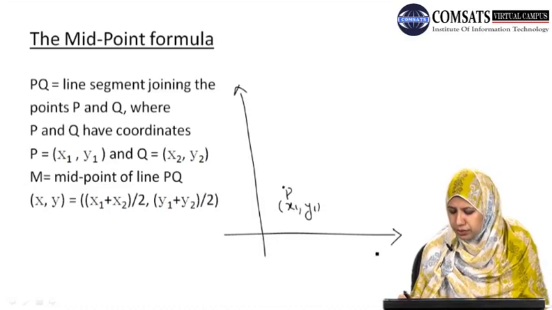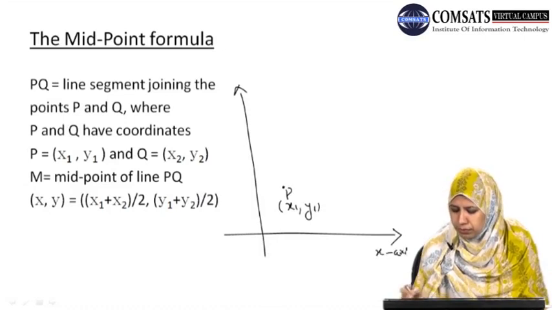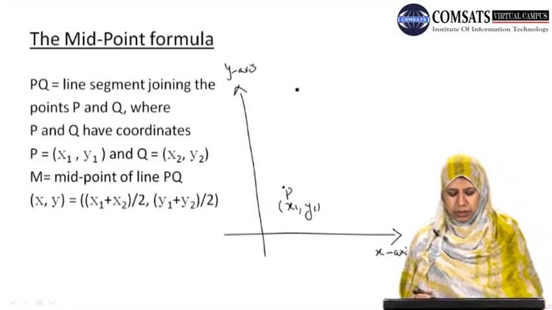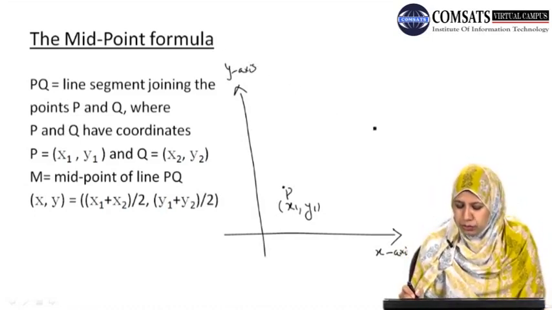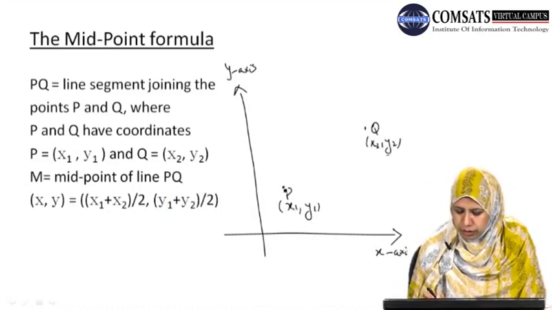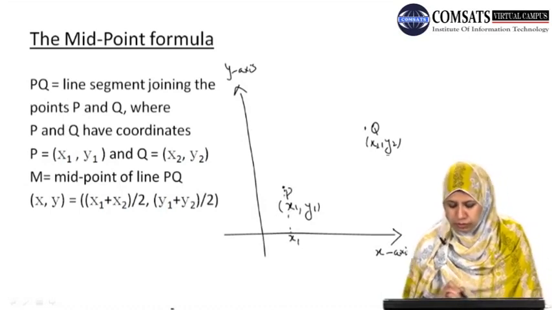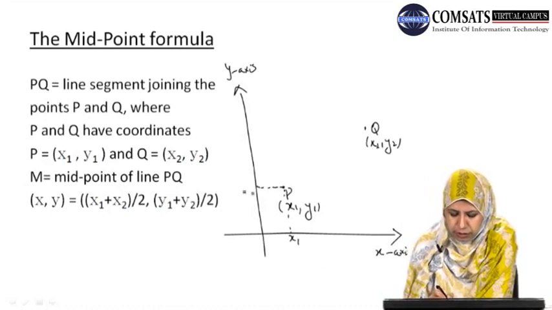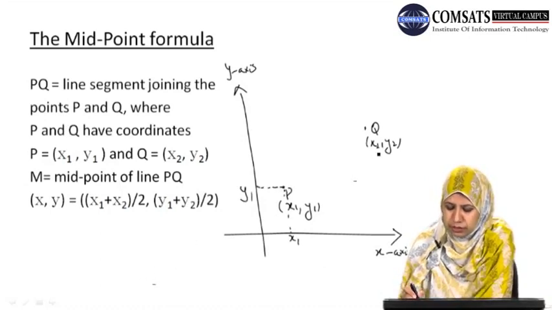This is our x-axis and this is our y-axis. Okay. And Q with coordinates (x2, y2). That is, this is point x1 on the x-axis and this is point y1 on the y-axis.